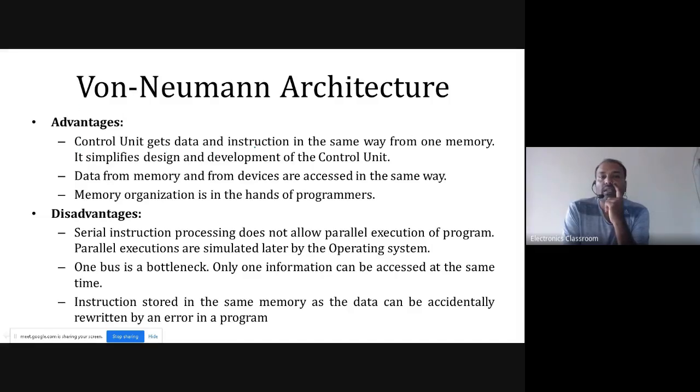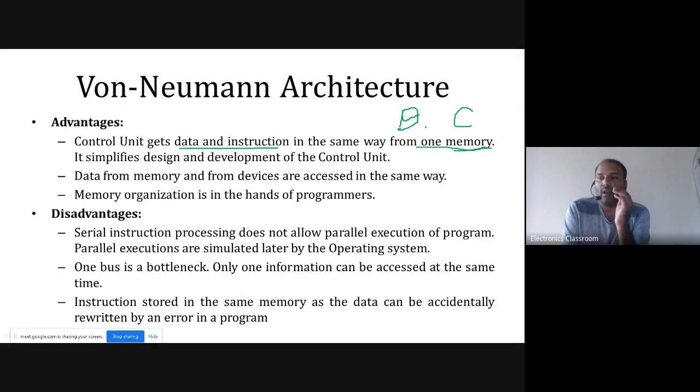Control unit gets data and instruction in the same way from one memory. Since both data and code are in the same memory, the control unit gets data and instruction in the same way.